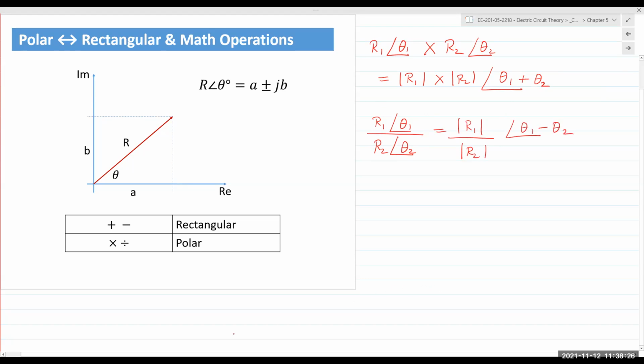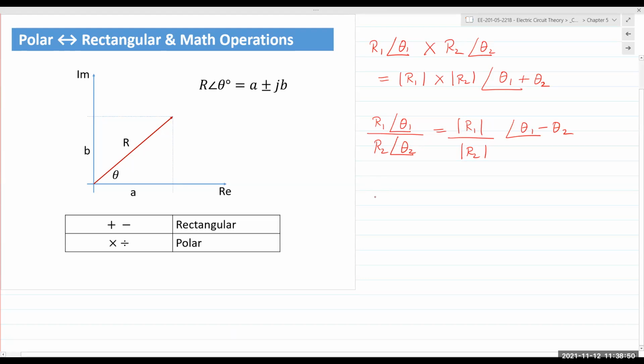So when you find impedance, impedance is V over I, V divided by I. So for impedance, it is always theta V minus theta I. For an inductor, V is plus 90, and hence ZL always has plus 90.